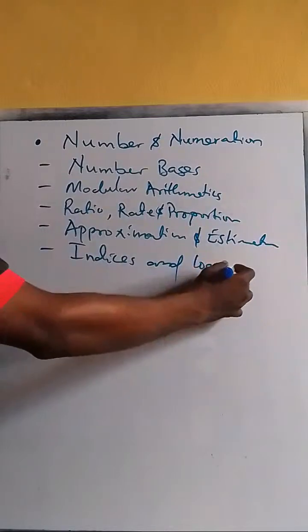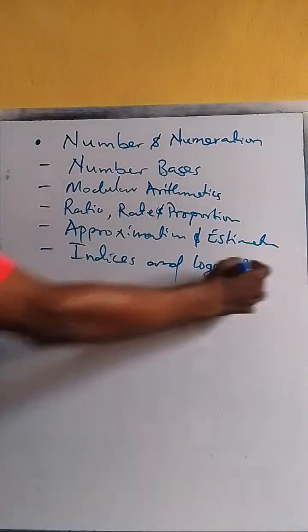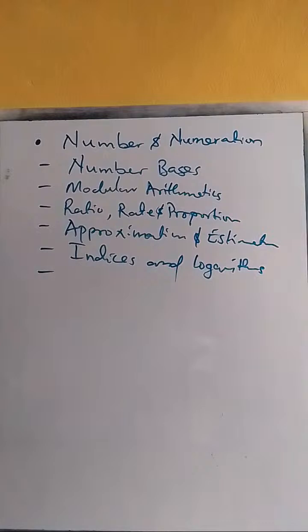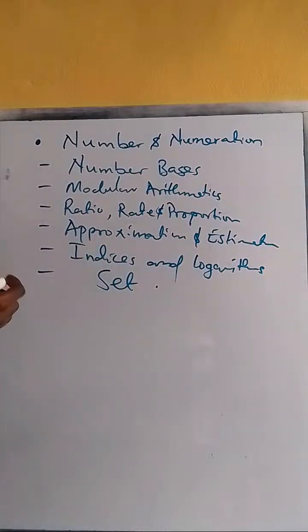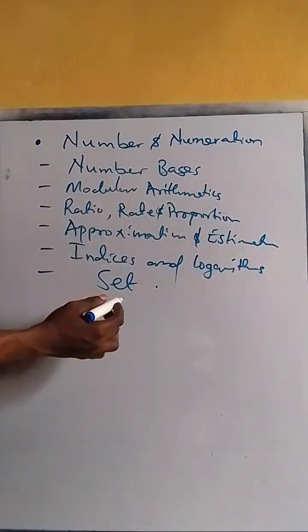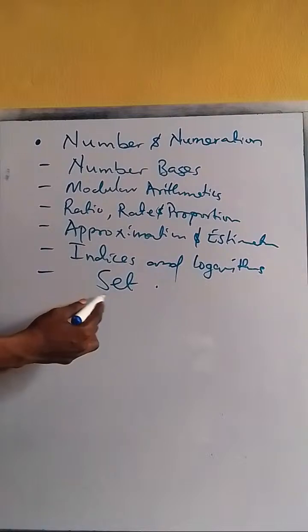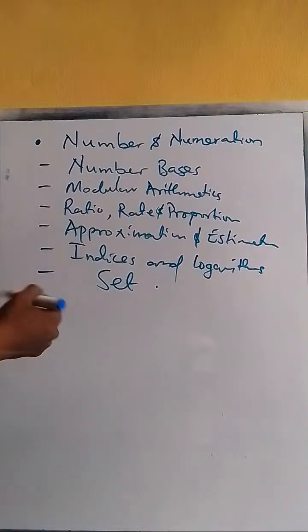And also, very important, we have sets. So here we are going to be looking at set theory, then solving sets using Venn diagrams. We solve 2-set problems and 3-set problems using Venn diagrams.